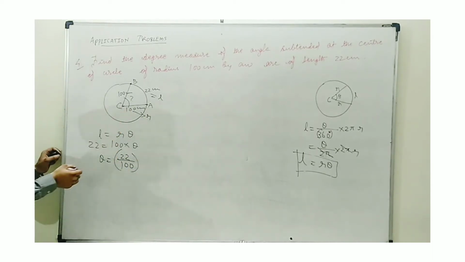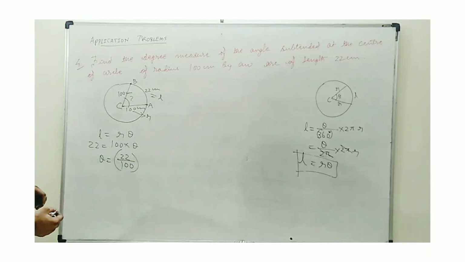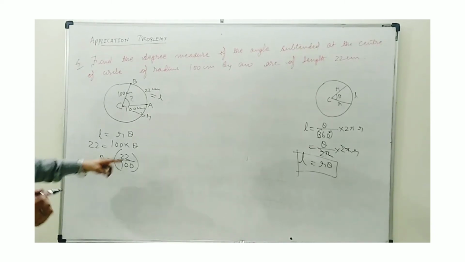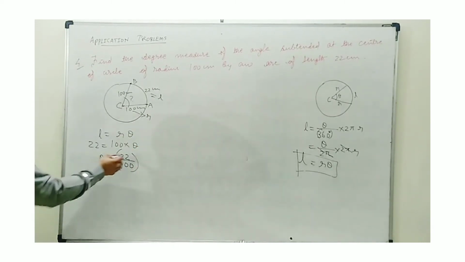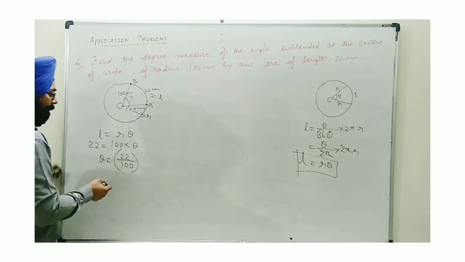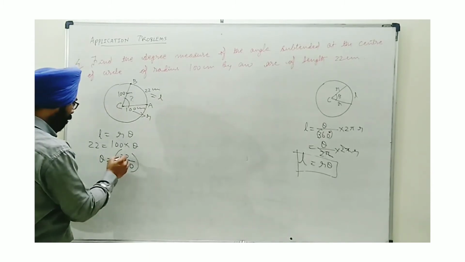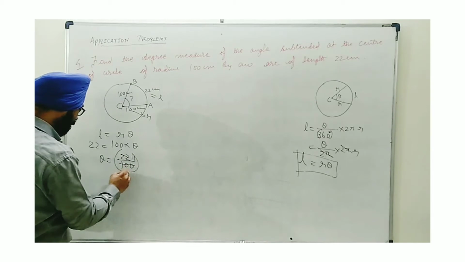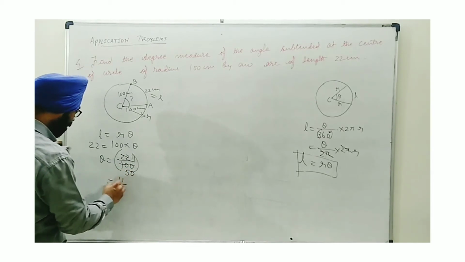Now as we are obtaining this angle in terms of radian, you can write it in radian or you can express it in degree also. It comes 2 elevens and 2 fifties, so it is 11 upon 50 radian.